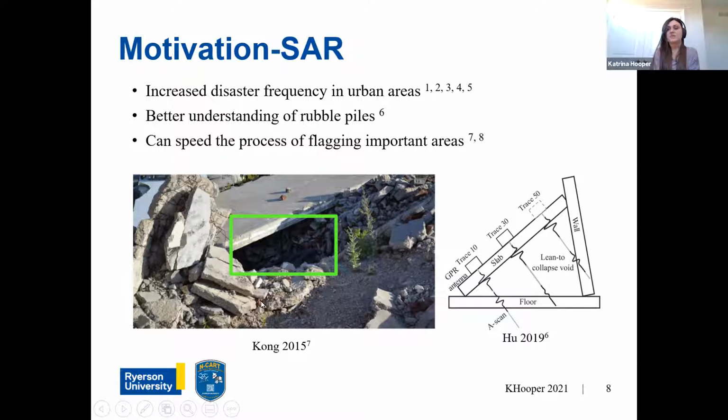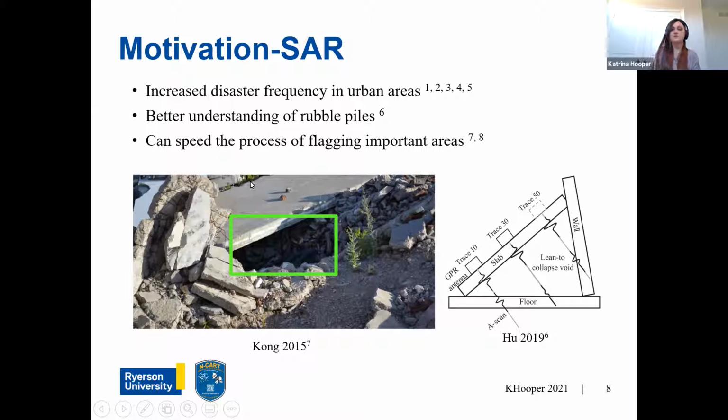So if we understand negative objects, we would have a better understanding of this rubble pile, because when the building collapses, new areas inside, so new voids, as well as new openings on the outside are formed, and those are all negative objects. And currently we don't really understand them.